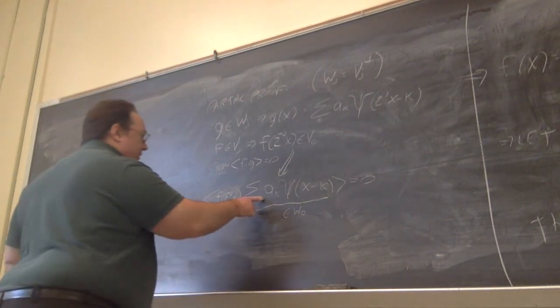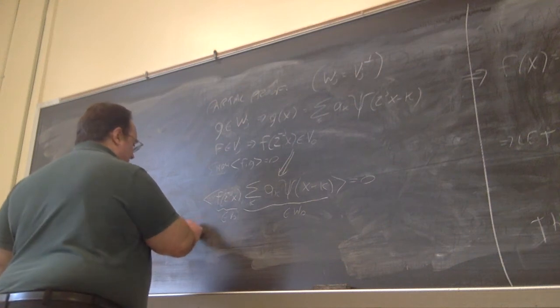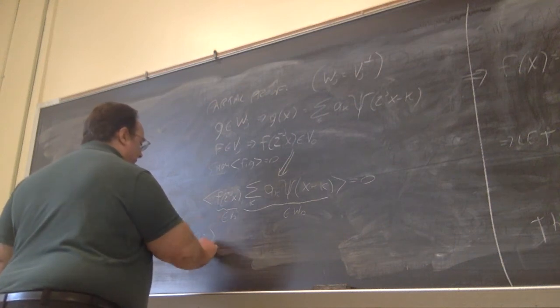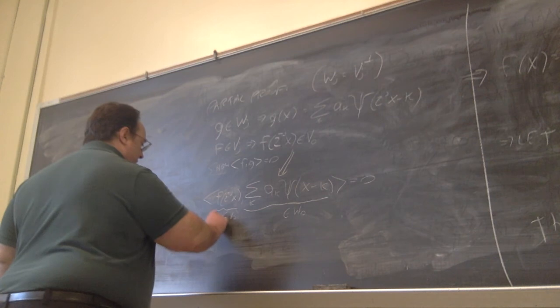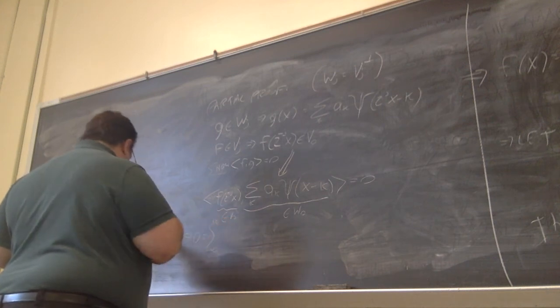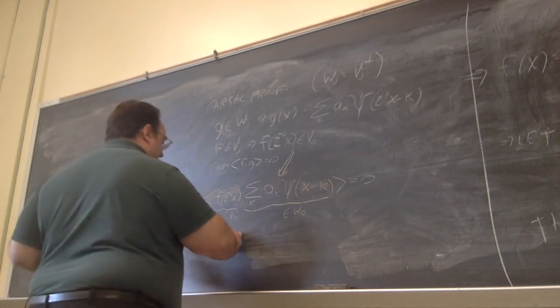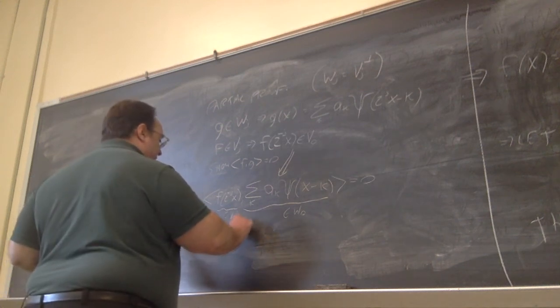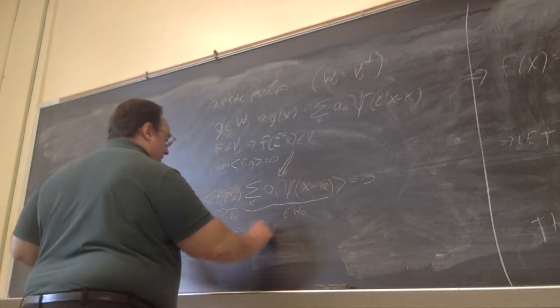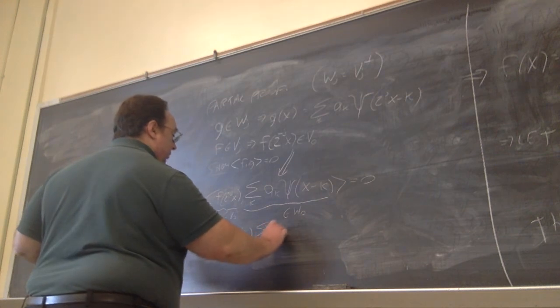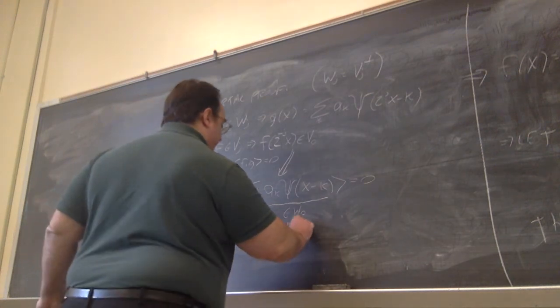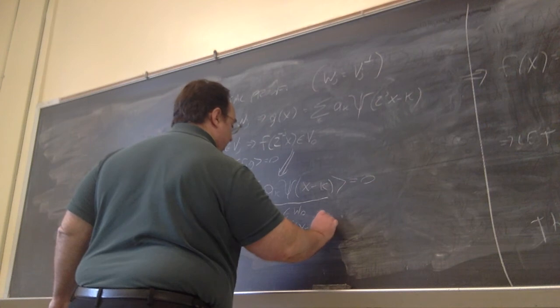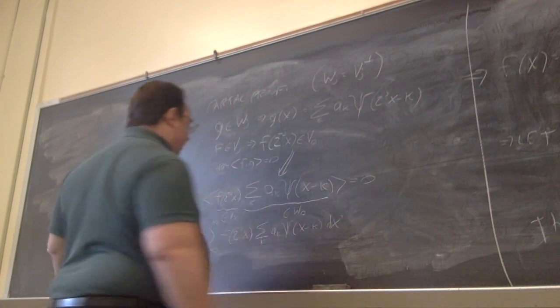Now, what is this? This is the integral, which I already know is equal to 0, of f of 2 to the minus j x times the sum of a_k psi of x minus k dx.